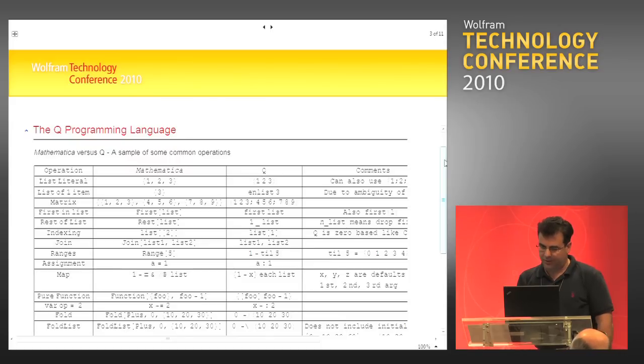So just to give you a flavor of the Q language, here's a mapping between some common Mathematica expressions and their Q equivalent. Mathematica uses curly braces for lists, Q uses parentheses, but you can also have them flowing across the screen.